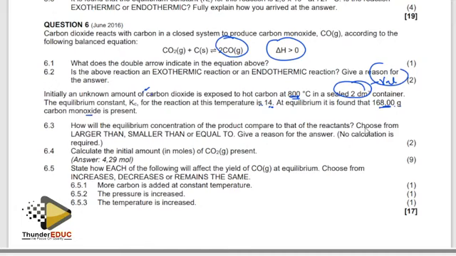Choose larger than, smaller than, or equal to. So what are you supposed to talk about here?